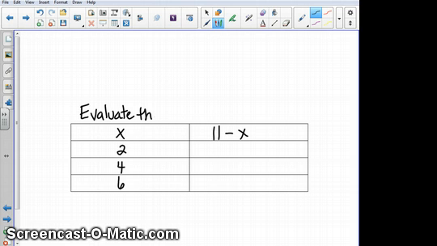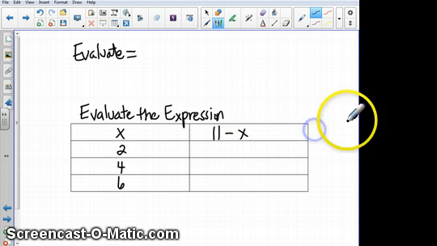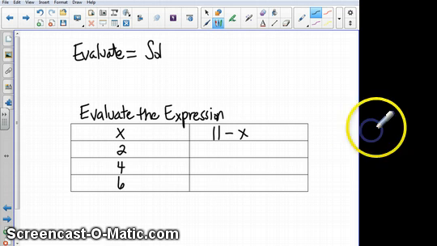And evaluate just means that we're going to solve for the expression. Okay, so again, evaluate means to solve. Evaluate equals solve.